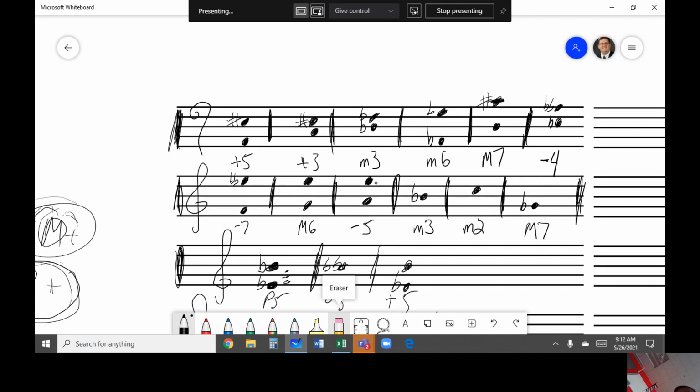A perfect fifth above A is E, because, again, a fifth functions as perfect. Its native state is perfect. And so, to make perfect diminished, I lower it to there. Minor third, minor second, major seventh.